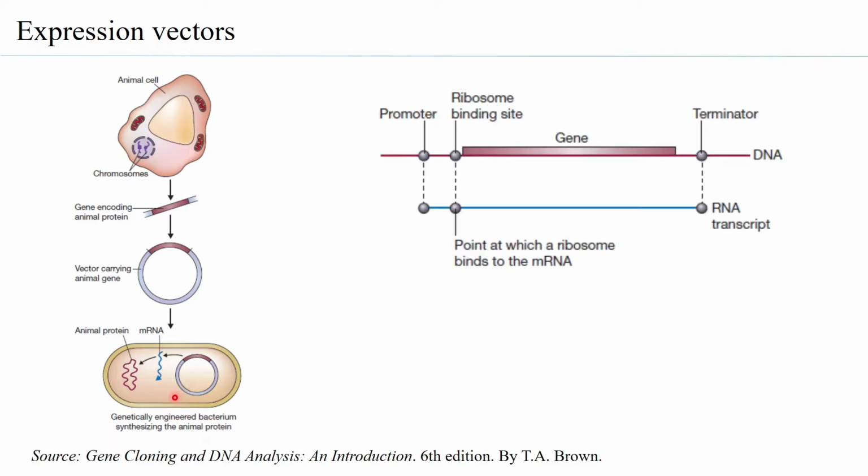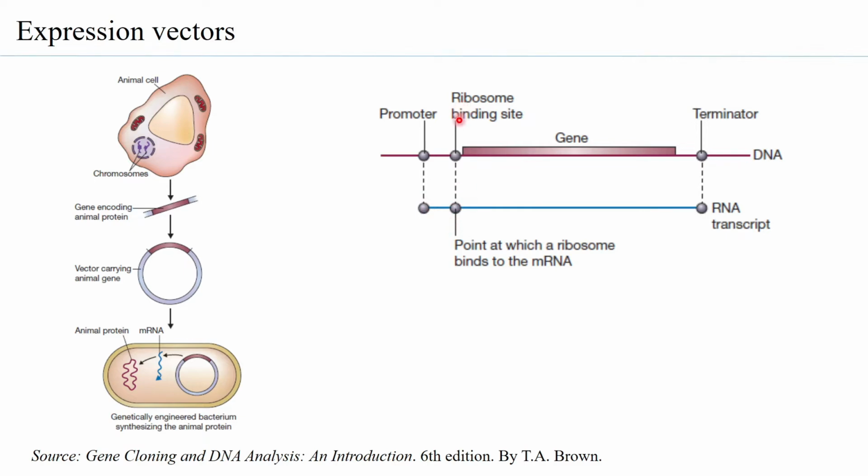Now, in order for a product to be formed, what is required is that upstream of the gene that has to be transcribed and translated, there should be a promoter region. A promoter region is a region that is recognized by RNA polymerase, and RNA polymerase on binding to the promoter region can initiate transcription. Also importantly, once you have the transcript being formed, the transcript should have a region where the ribosome can come and assemble.